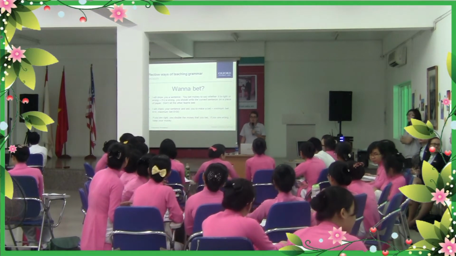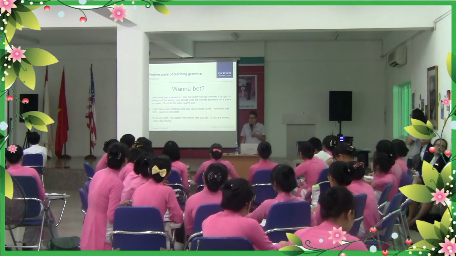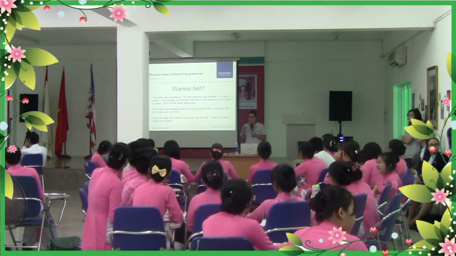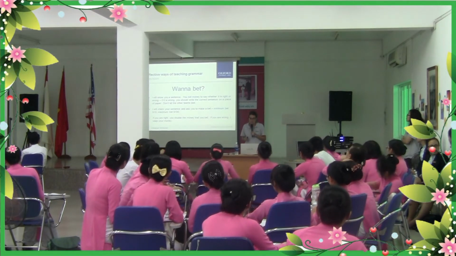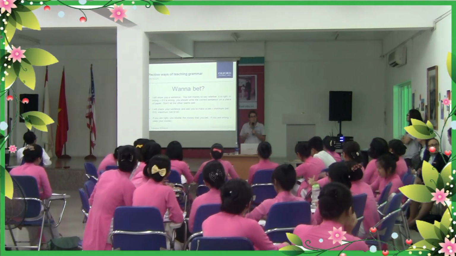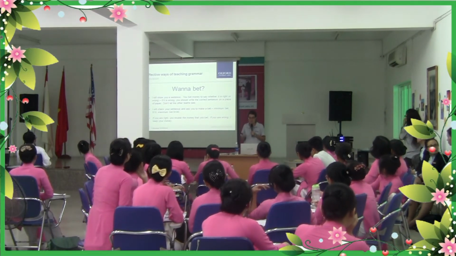I will show you a sentence. You bet money to say whether it is right or wrong. If it is wrong, you should write the correct sentence on a piece of paper. But don't let the other teams see the correct answer.